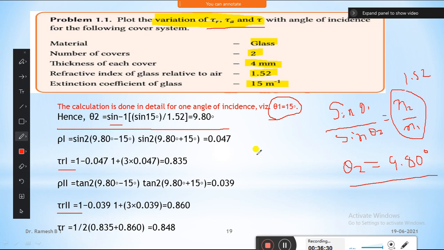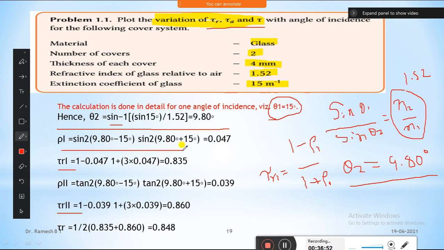So tau r1 and tau r2 have equations. Tau r1 is equal to (1 minus rho 1) divided by (1 plus rho 1). What is rho 1? Again we have the equation.